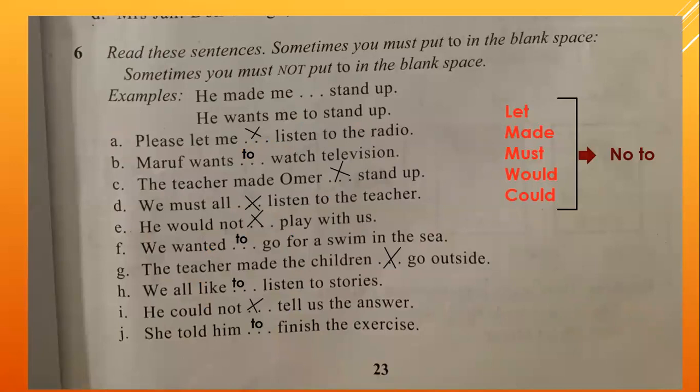Okay. Now, this is exercise 6 on the same page, page number 23. They are giving you some tips, most important information about using to. Look, sometimes you must put to in the blank spaces, just like this.